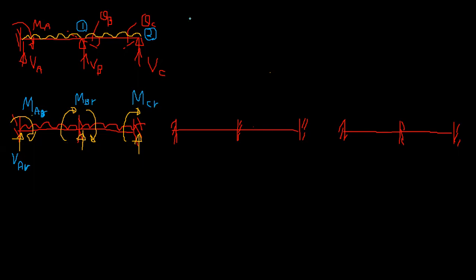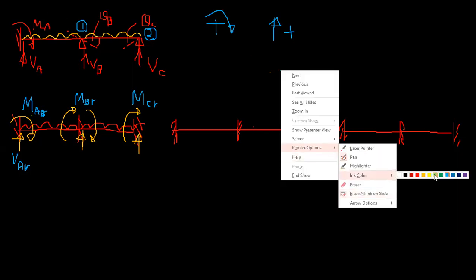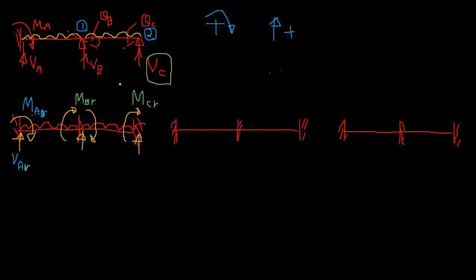So I'm taking everything clockwise because it's clockwise positive for rotation and upward positive as per my sign convention. And here you can see, if you are solving for displacements, that means at the end you will find theta b and theta c, but you will not find MA, VA, VB, or VC. So VC, VB, VA, and MA will be your actions.